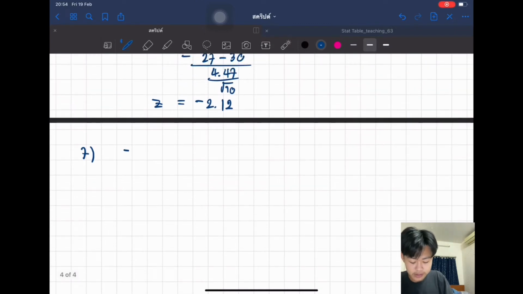We will get z equal minus 2.12, which is less than minus 1.96.